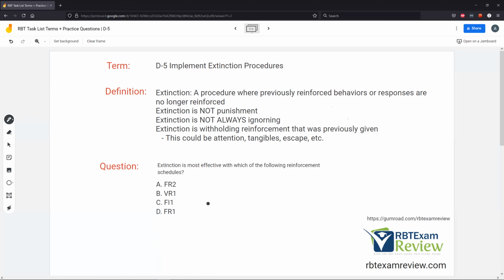FI1, we have to go a minute in between reinforcement, so that behavior can happen a million times, but only be reinforced every minute. So extinction is most effective on an FR1 or a continuous schedule. Again, the longer, more intermittent, or thinner the reinforcement schedule, the more difficult it is to put the behavior on extinction.